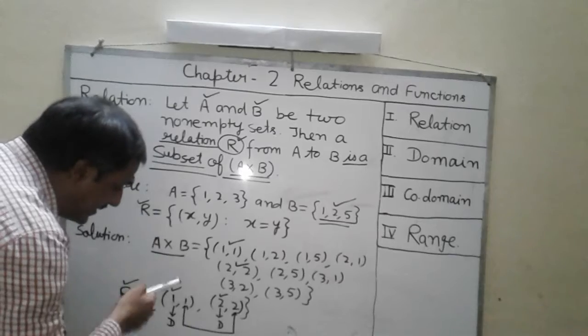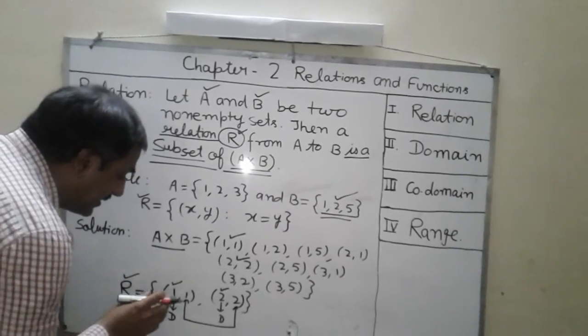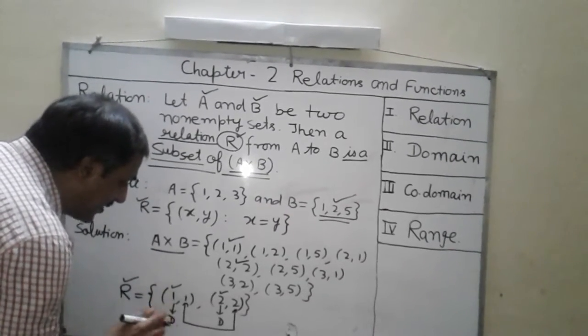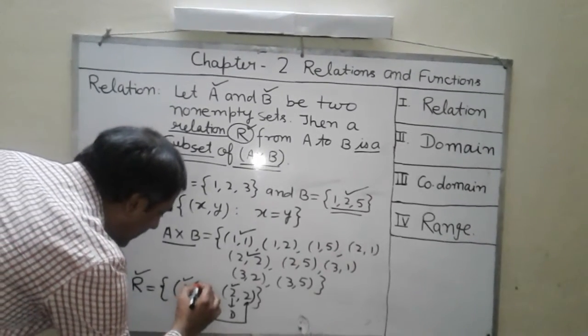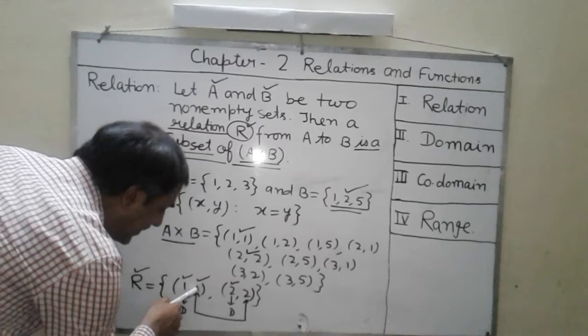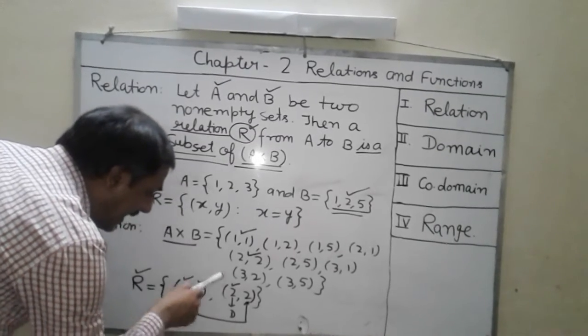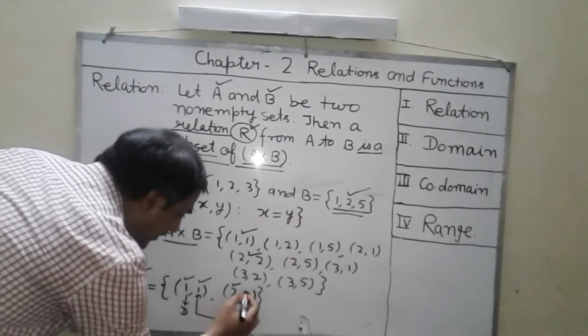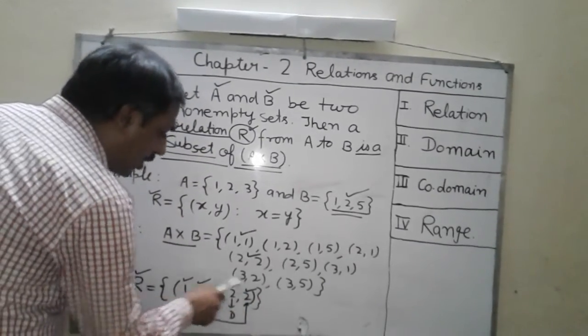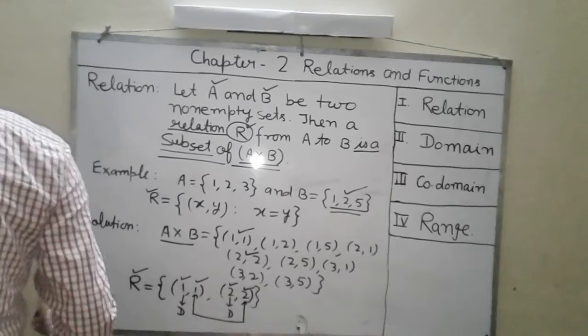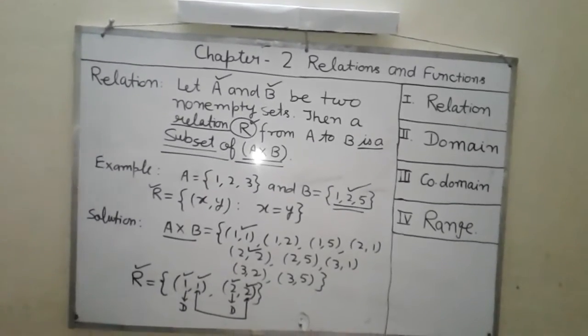And range is the set of all the second elements of the ordered pairs, the second element of the first ordered pair and the second element of the second ordered pair. It means the range is {1, 2}.